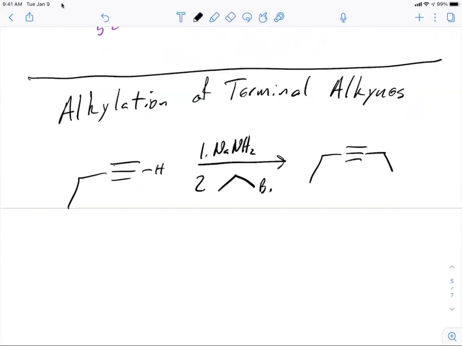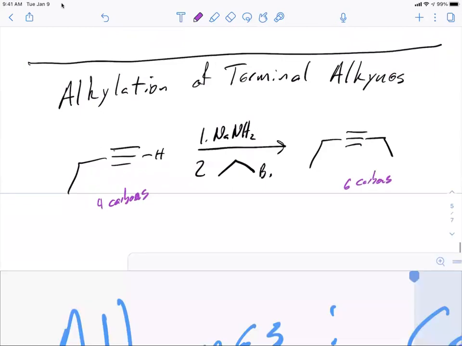So here, what we can do is use the terminal alkynes to change our carbon structure. So we're going from 4 carbons to 6 carbons. So I've actually changed my carbon structure.